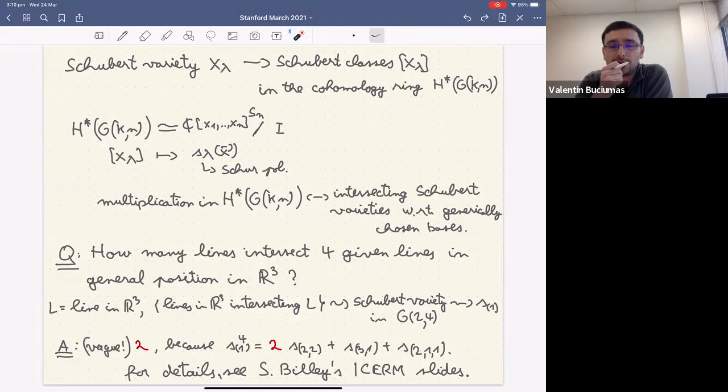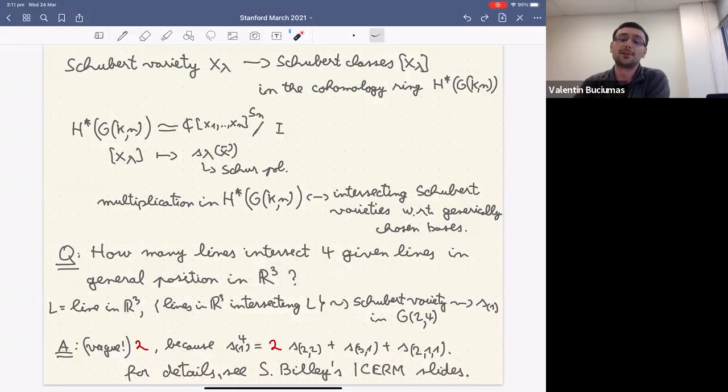What is interesting here is that now multiplication in the cohomology ring will correspond to intersecting Schubert varieties with respect to generically chosen bases. So if we go back to the initial question, which was how many lines intersect 4 given lines in general position in R3, one may think about each of the 4 given lines and consider for each of them the space that intersects L. For each line L, consider the space that intersects L.